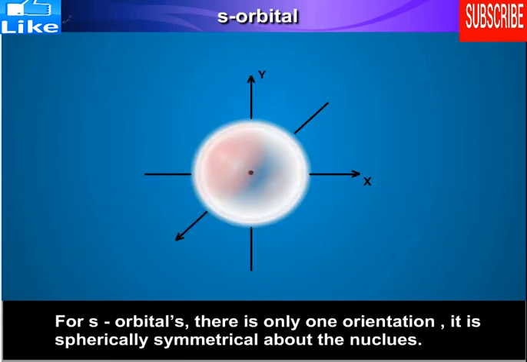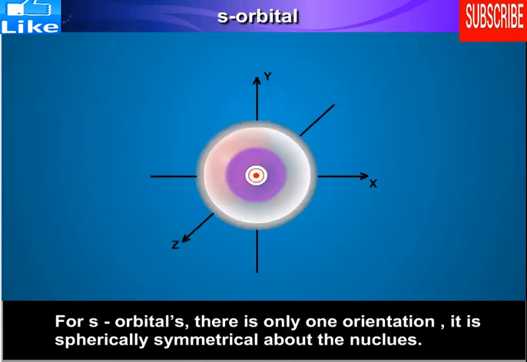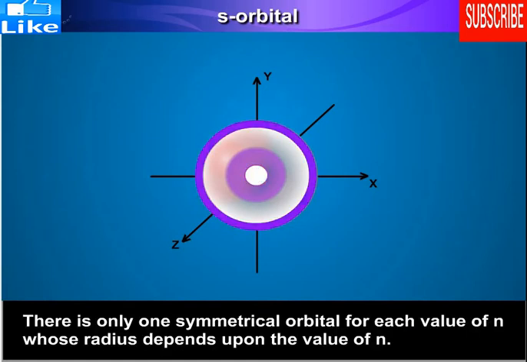For s-orbitals, there is only one orientation, it is spherically symmetrical about the nucleus. There is only one symmetrical orbital for each value of n, whose radius depends upon the value of n.